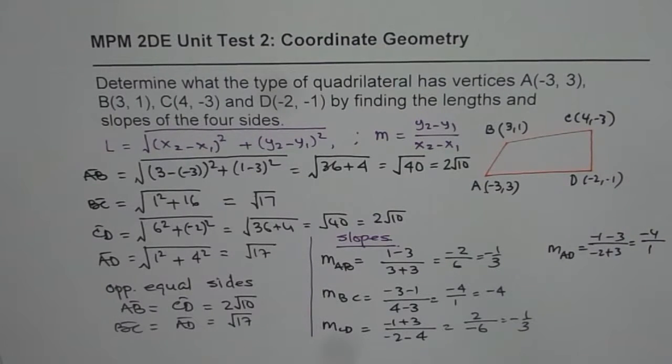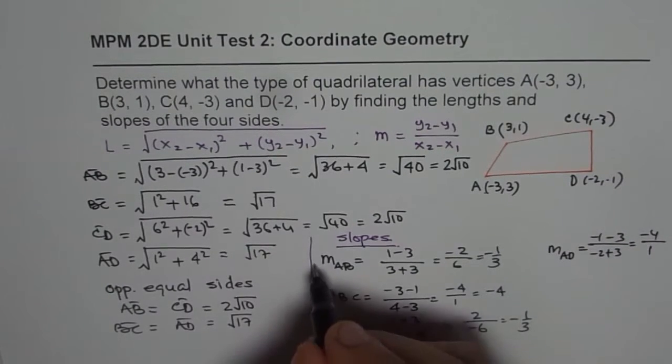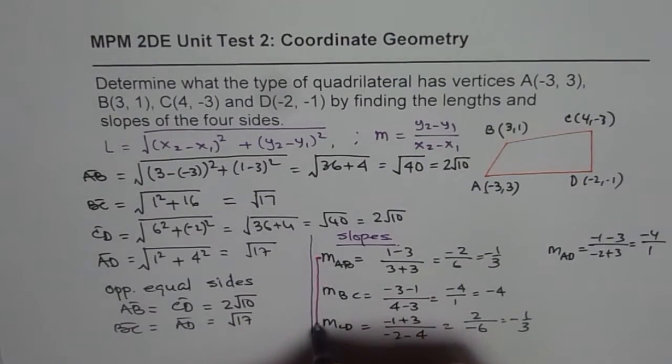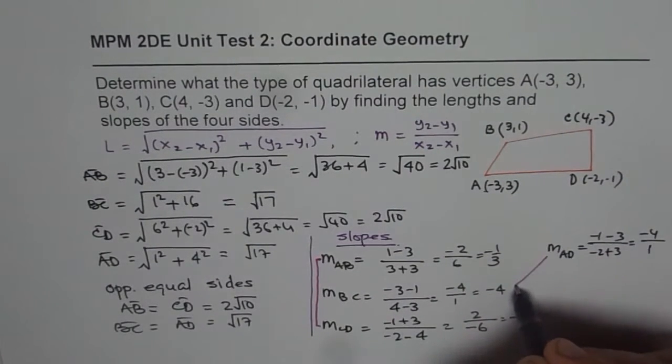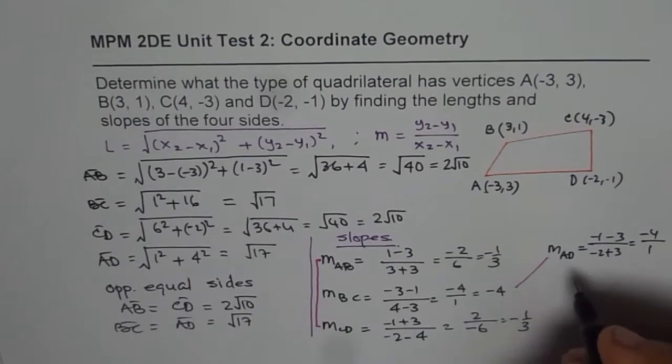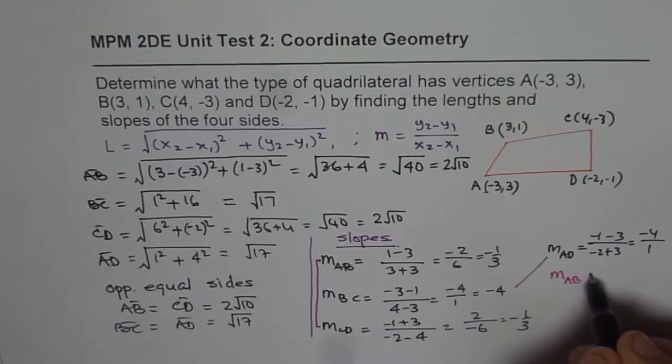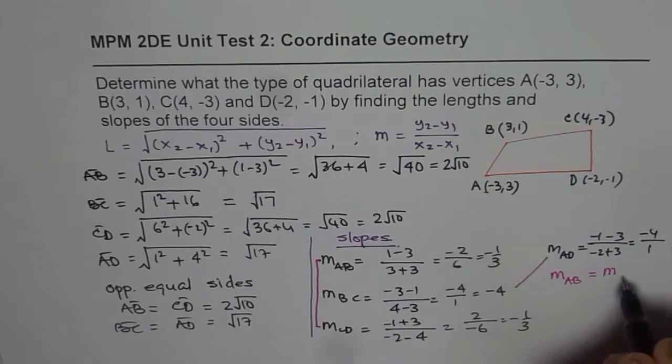So from here, what do we notice? We notice that the slopes of opposite sides are equal, so these are parallel, correct? Slope of AB is equal to slope of CD, and slope of BC is equal to slope of AD.